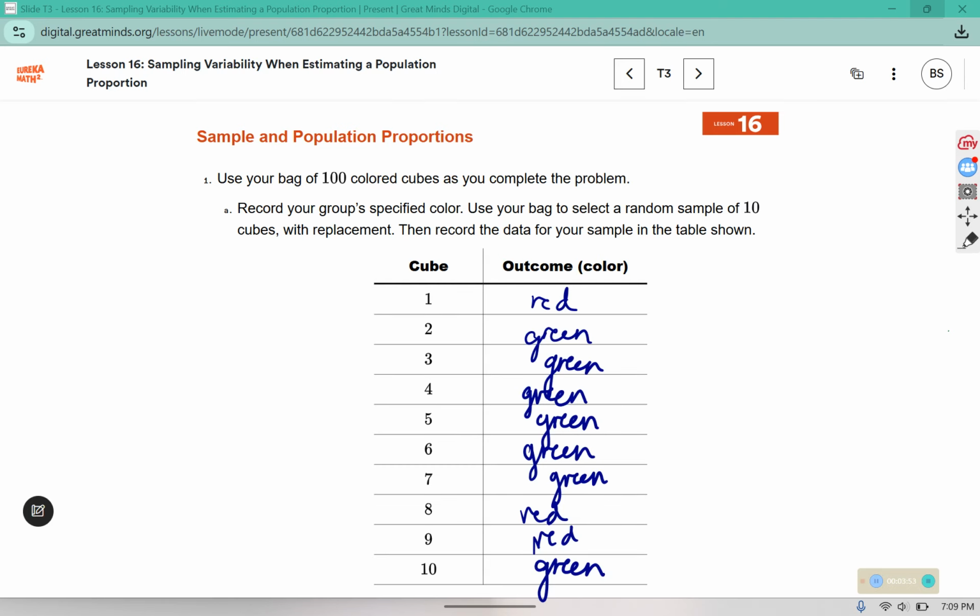So here are my results. I had 1, 2, 3, 4, 5, 6, 7 green out of 10.